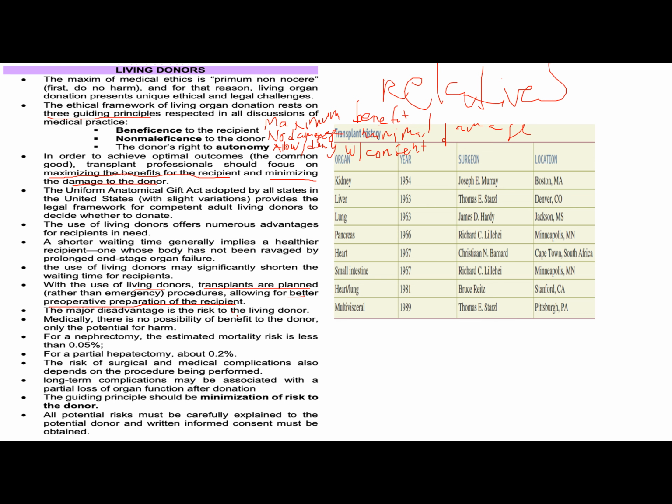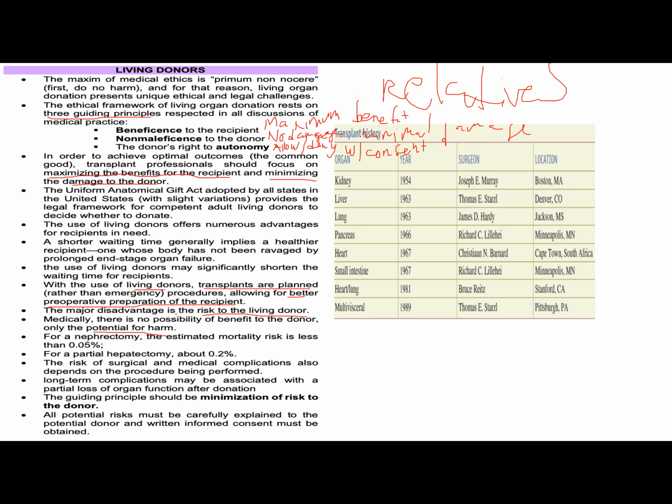Now, the major disadvantage here is there is a risk to the living donor, class. There are cases, class, wherein the donor could actually die from having their organ taken. Medically, there is no possible benefit to the donor, class, only the potential for harm. That is why you need to minimize the damage to the donor.